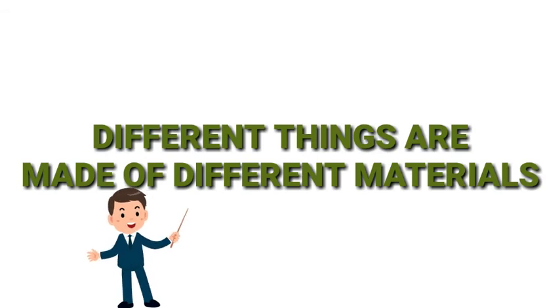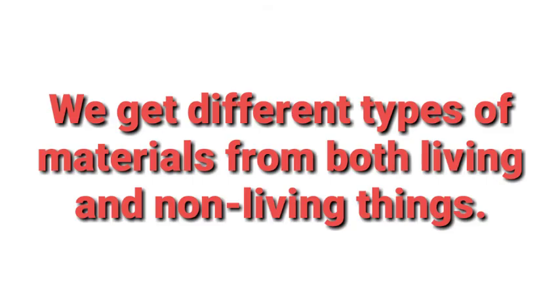Different things are made of different materials. Let's see. First we will see natural materials. We get different types of materials from both living and non-living things.